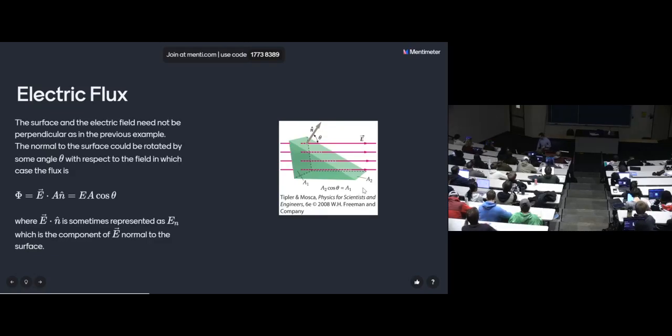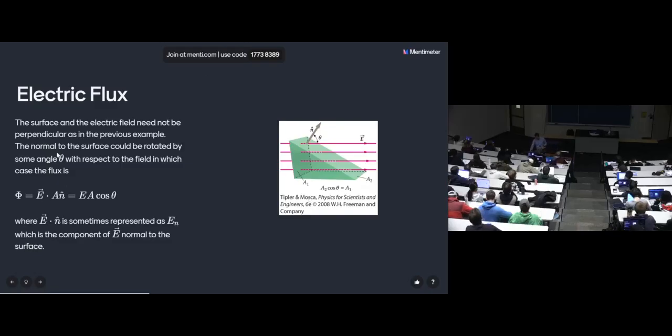It doesn't matter that A2 tends to be larger here. What is visible with respect to the electric field is actually the area A1. And so what we're having to do is scale A2 according to what is projected, the area that is seen in projection to the electric field.